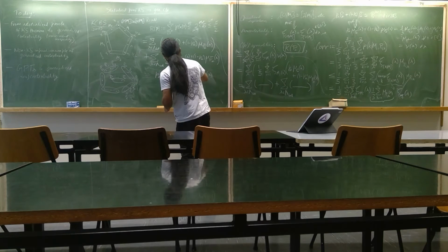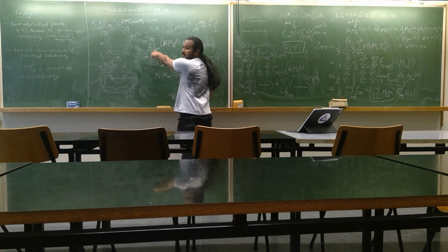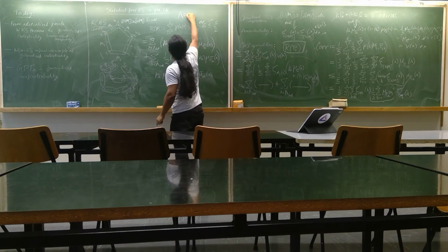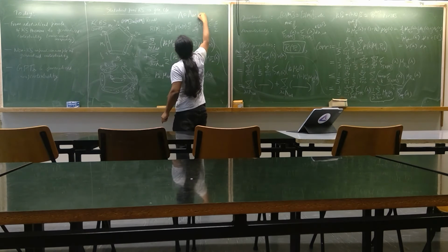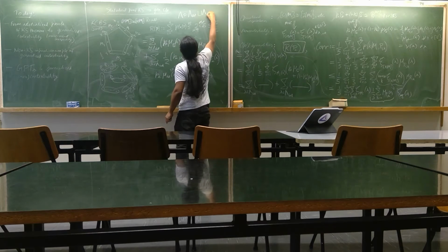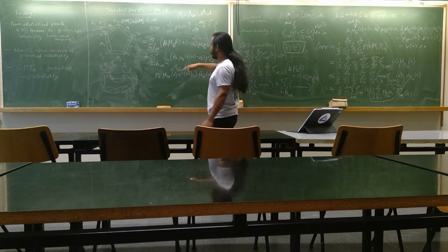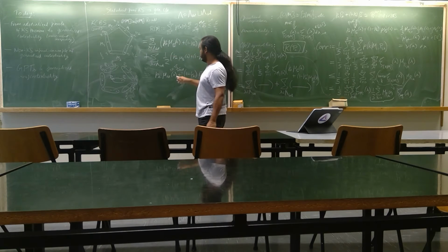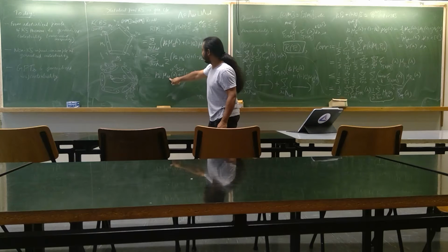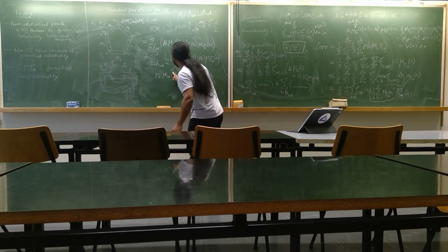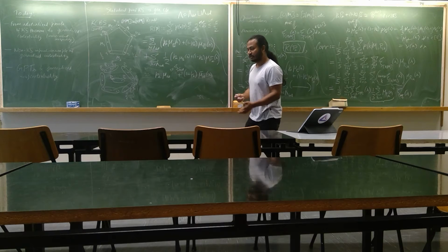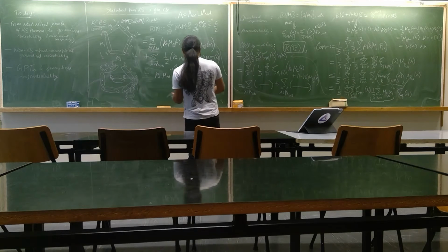Because I'm only summing over a subset of all possible lambdas, right? All possible lambdas are lambda deterministic union lambda indeterministic. Those are all the possible assignments. I'm only summing over a subset of them. Sorry, I'll just call it mu deterministic maybe. Is that okay?